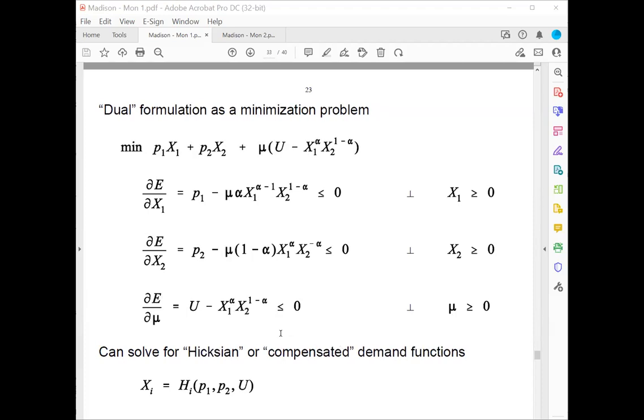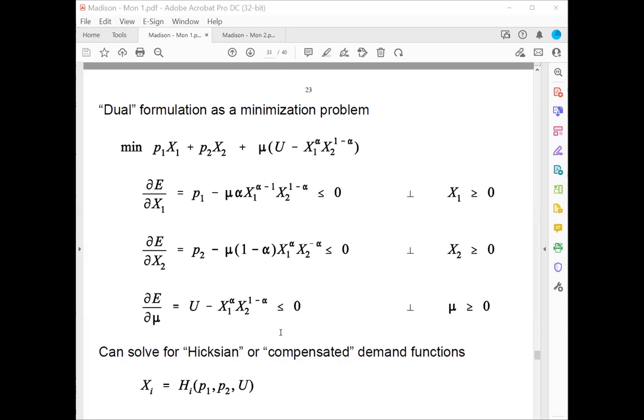But there's an alternative way that is, I admit, maybe less intuitive, but works very well in general equilibrium models because it allows you to automatically compute welfare and a price index, which is the Lagrangian multiplier, as part of the solution to the model.